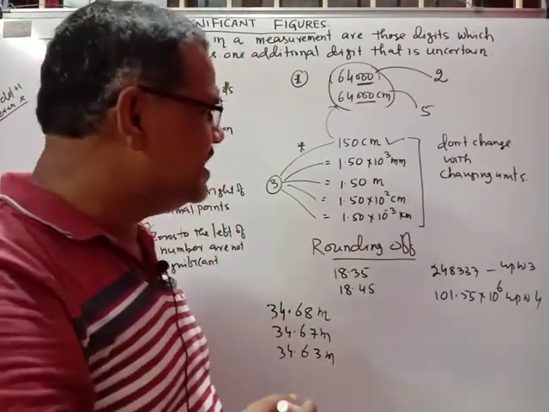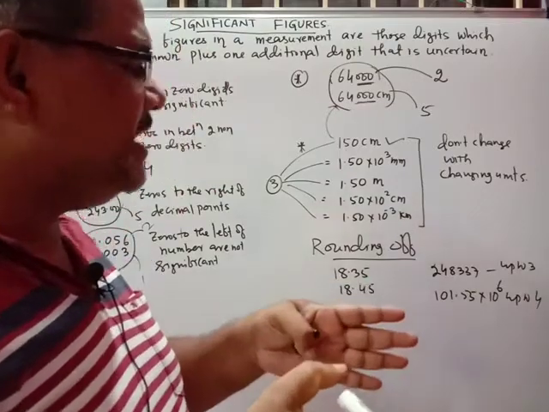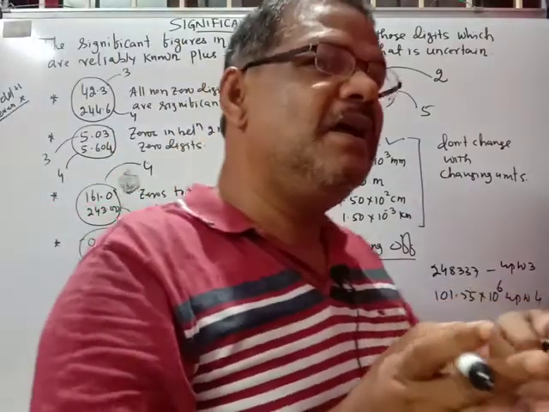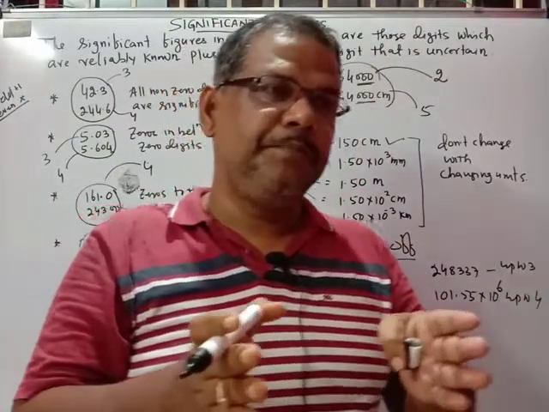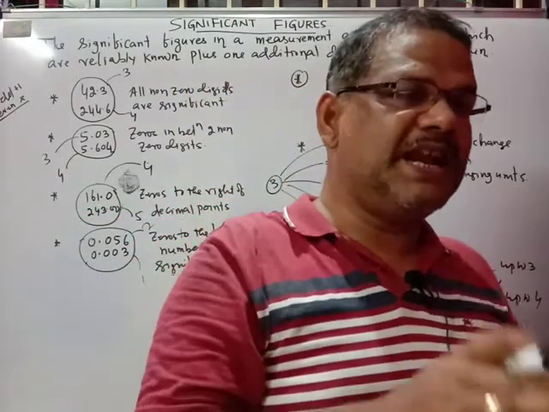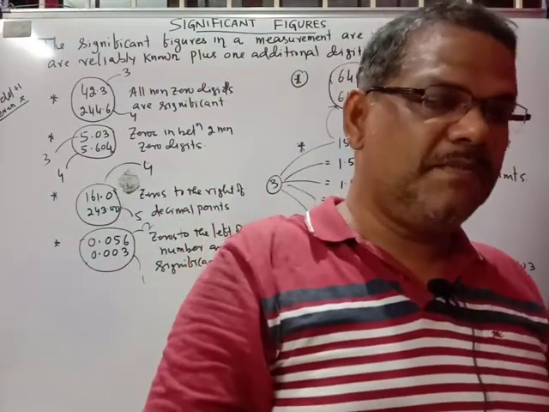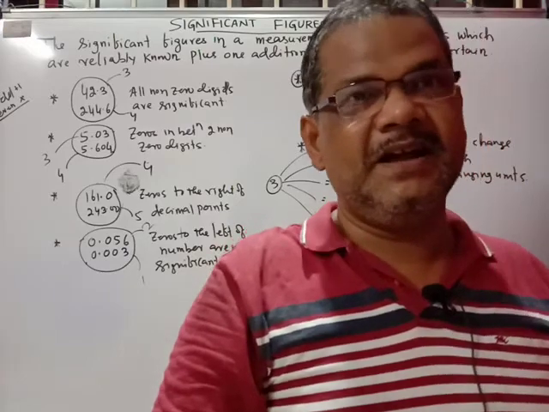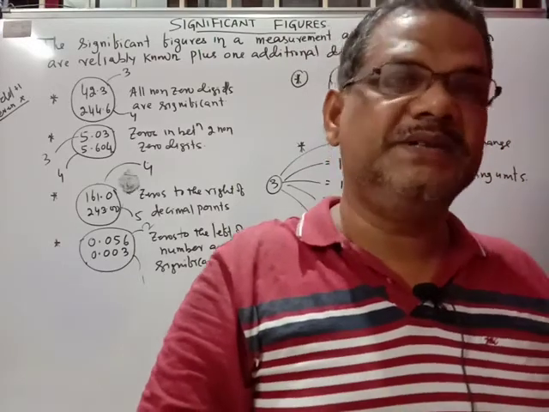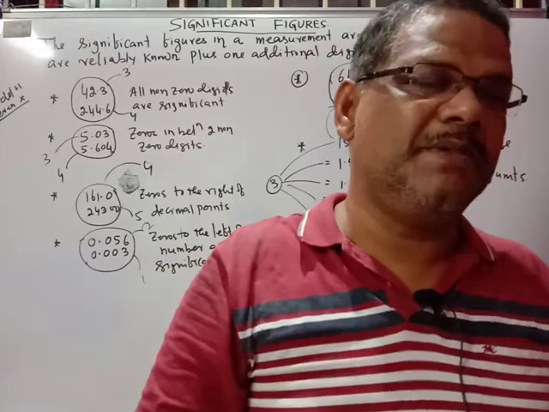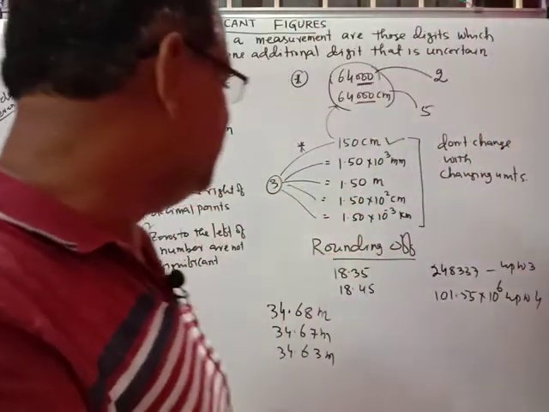If you write any measured quantity in scientific notation, you can immediately observe the exact number of significant figures of that measurement.